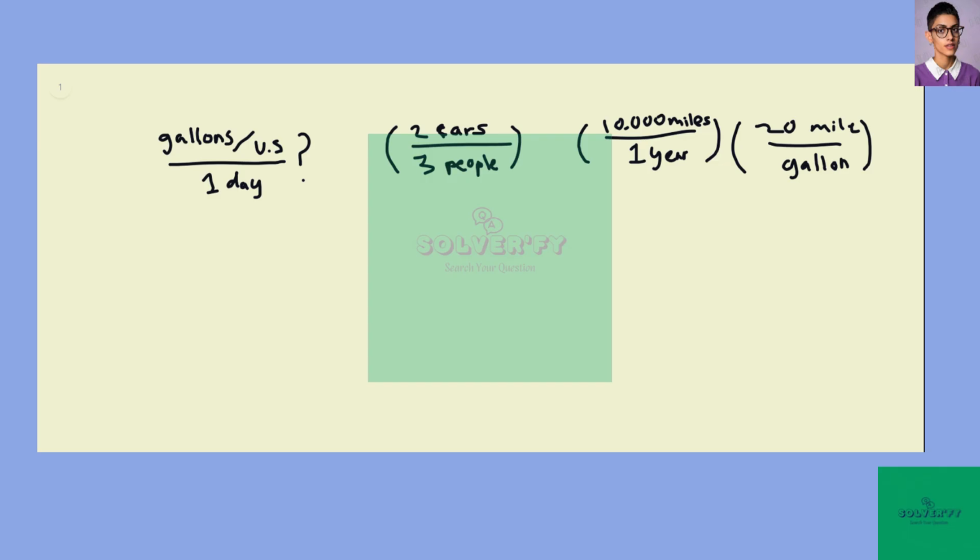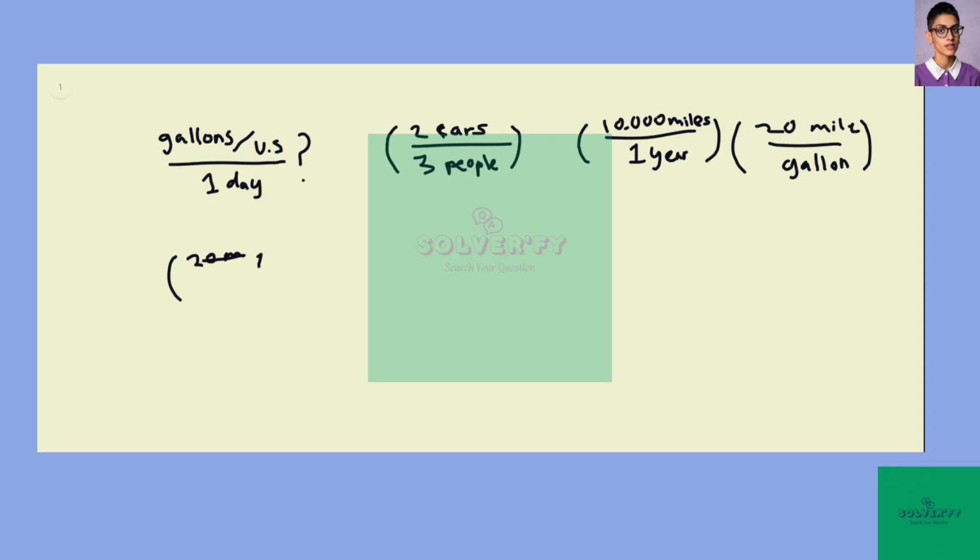In order to get them to match, we need the mile on the bottom. So we have 20 miles, and we want the miles on the bottom.